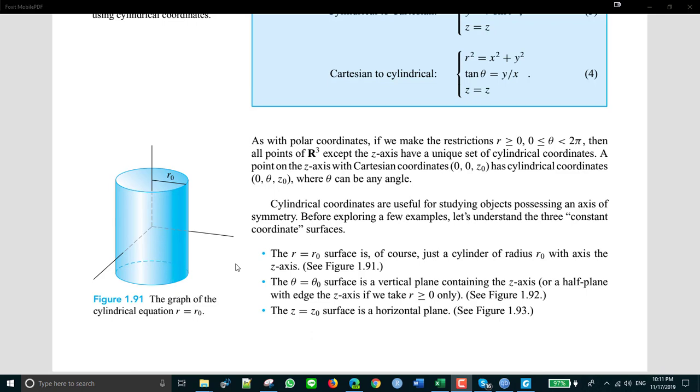So it's a vertical plane containing the z-axis, or half a plane if we keep r positive or non-negative. Okay, now what about z equals a constant? This is a horizontal plane because we allow r and theta to be anything, but we restrict it to just a particular height.